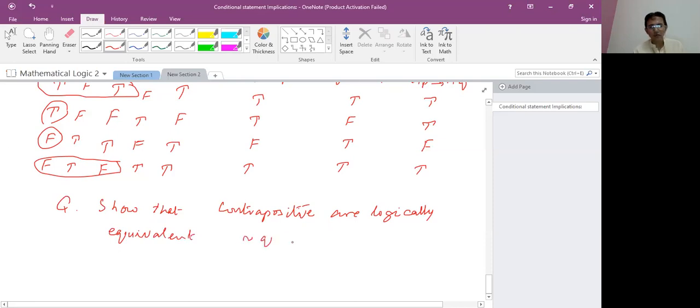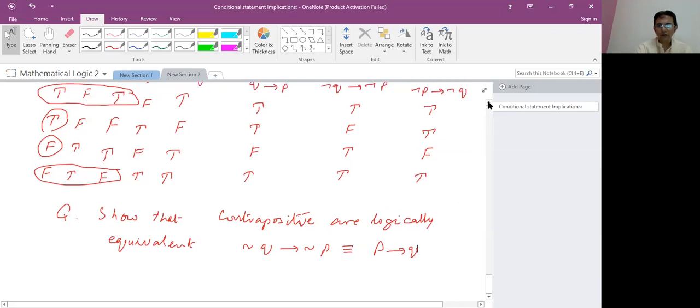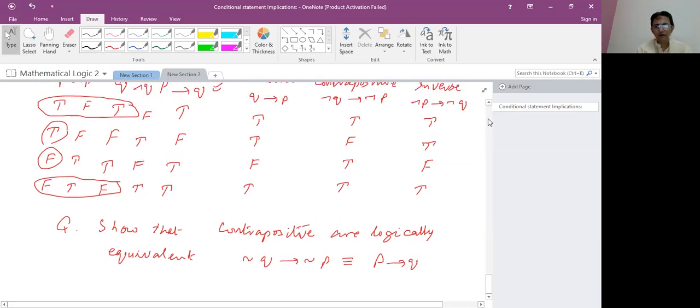Negation Q implies negation P is logically equivalent to P implies Q. If you see this application, the contrapositive and the conditional statement are both similar.